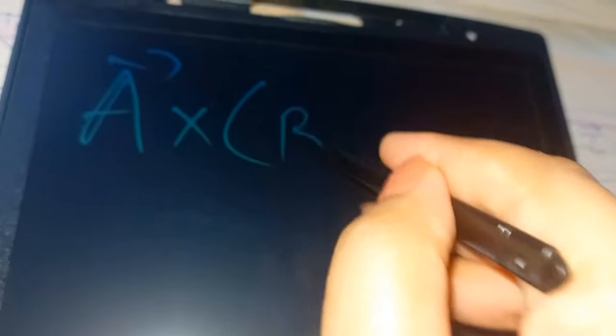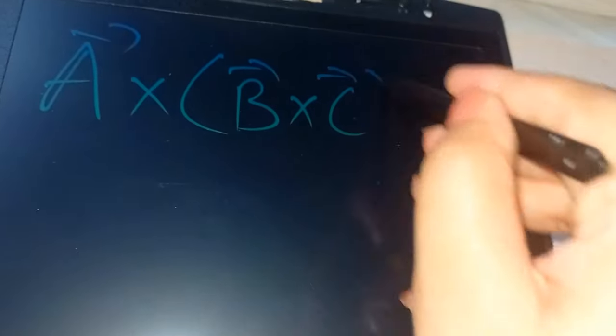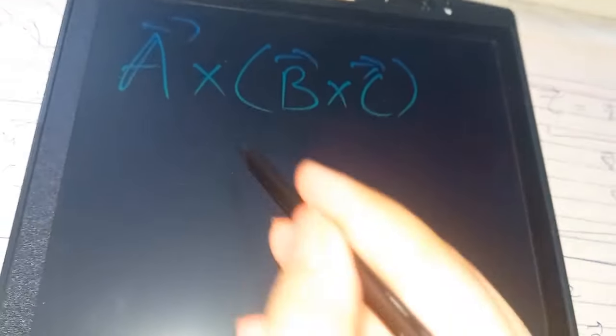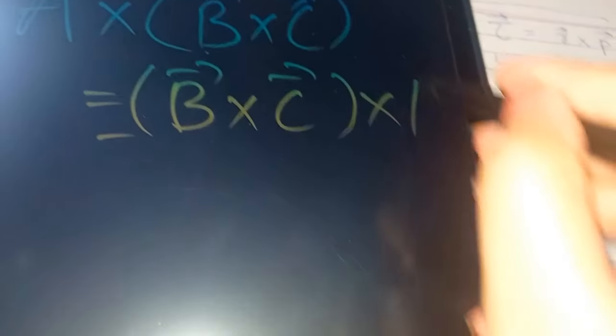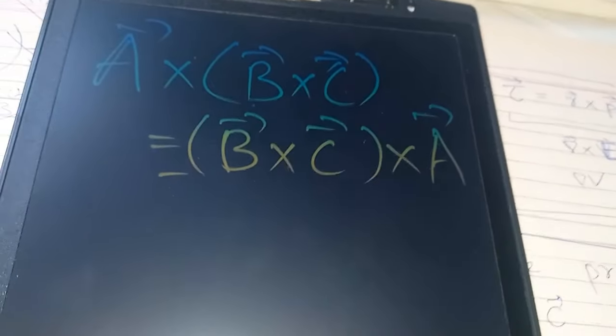If I shift the position of any of these vectors, let's say this is one of the triple scalar products, and I want to write it first and then this one, then B cross C with a negative sign but cross A. This is how we need to write it.